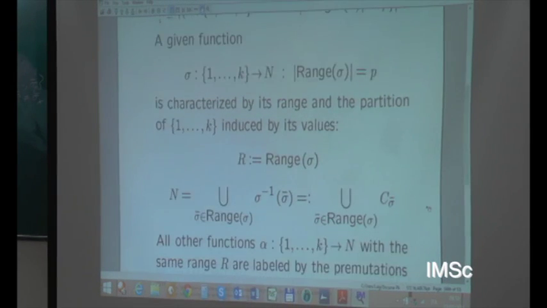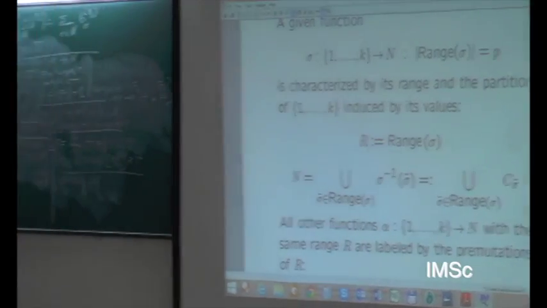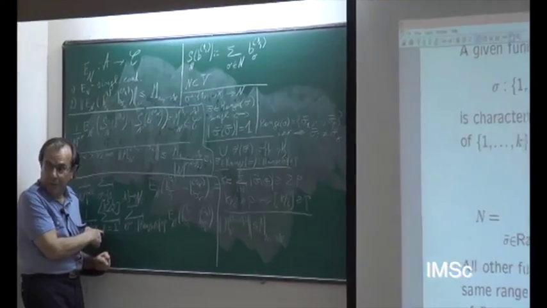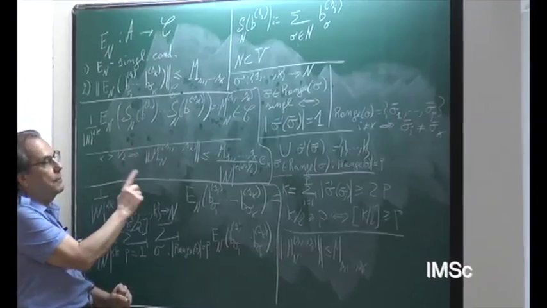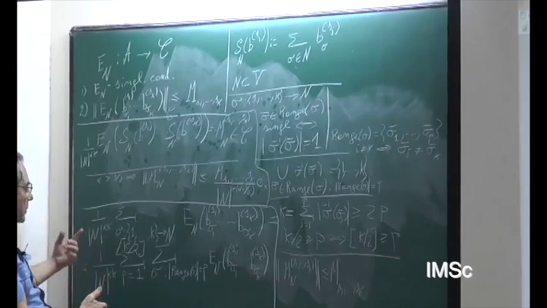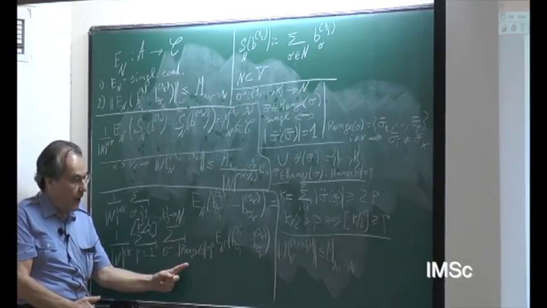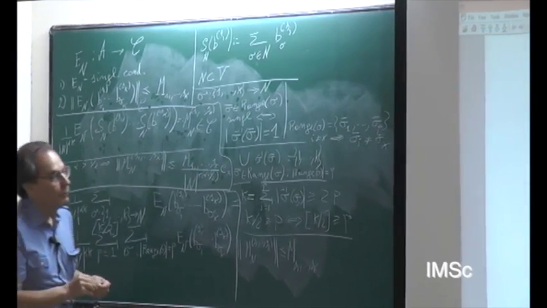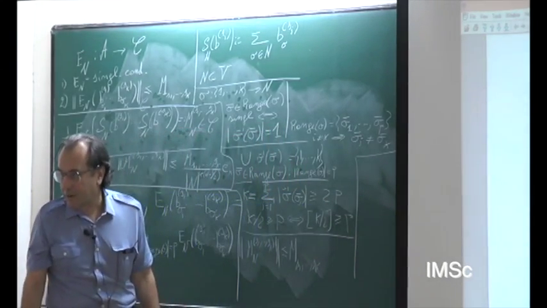okay, what we are now discussing, we want to make an estimate of this cardinality. We fix P, and for each P, we want to estimate how many sigma, which are functions from 1 to k to n, exist of range exactly P. I will give you a rough idea for this estimate, and then you can complete a combinatorial argument by yourself.